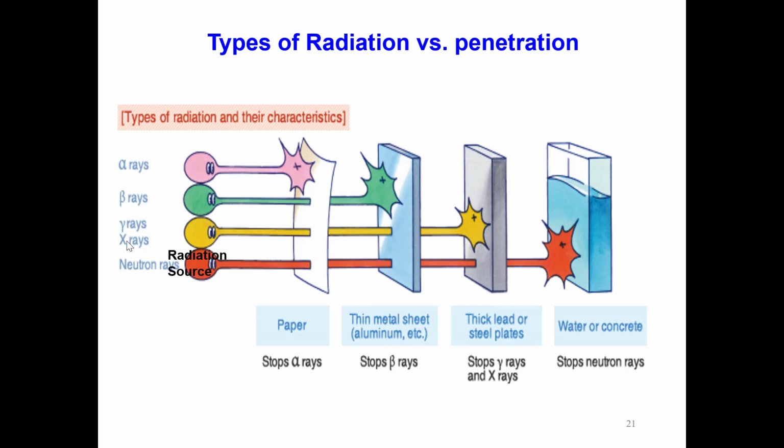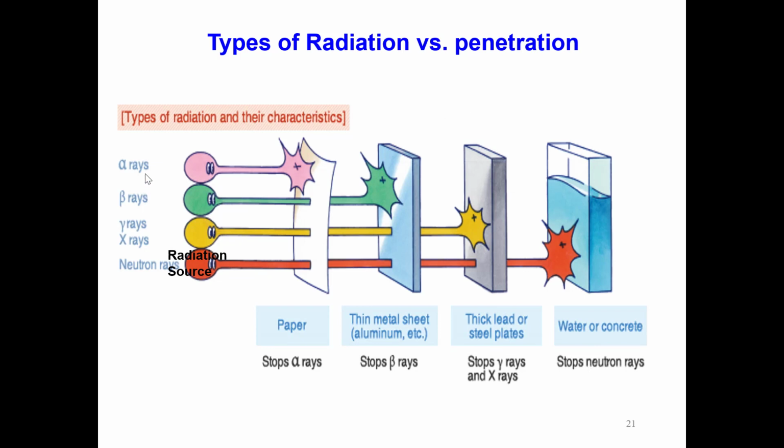Gamma and X-rays we can stop using a thick lead or steel plate. But neutron rays, we didn't discuss them, but in order to stop this kind of radiation, we need water or a thick concrete wall.